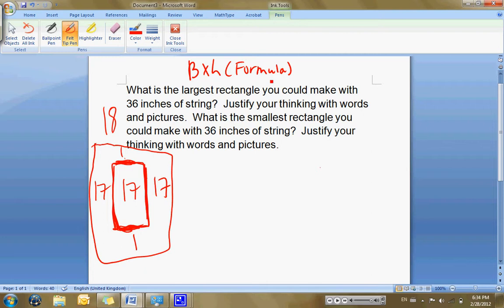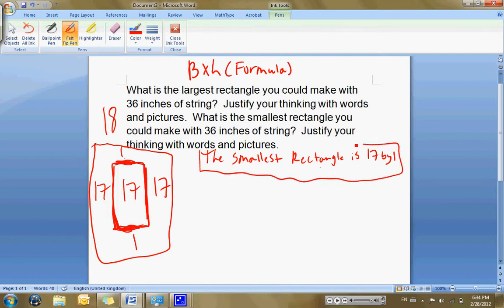So the answer for this part of the question is 17 by 1. So the smallest rectangle is 17 by 1. That's the answer for the smallest.